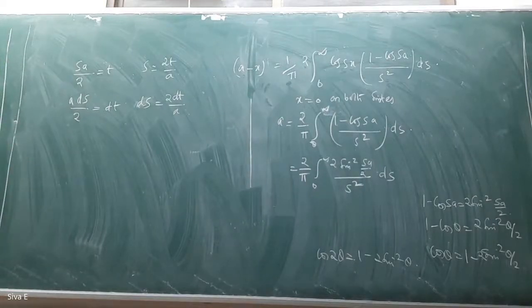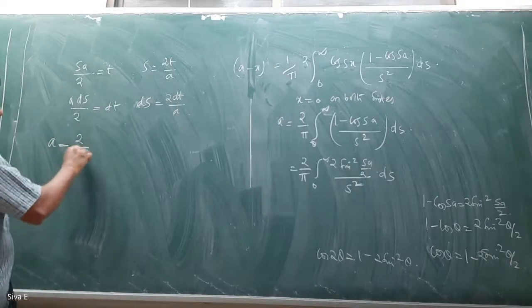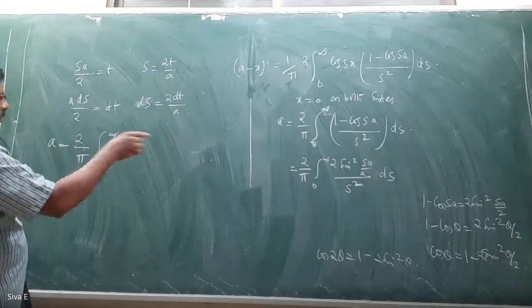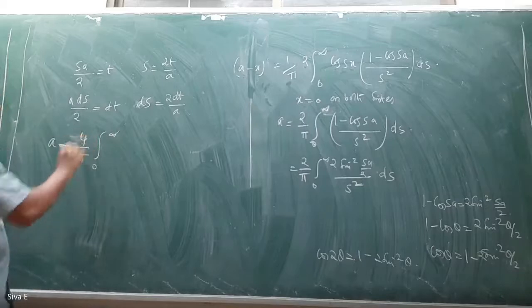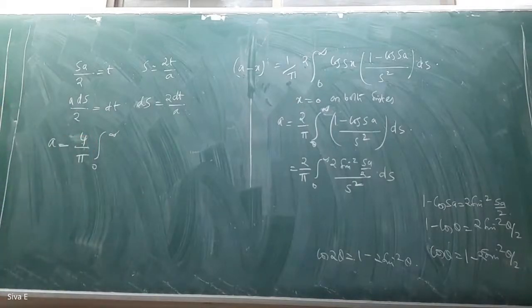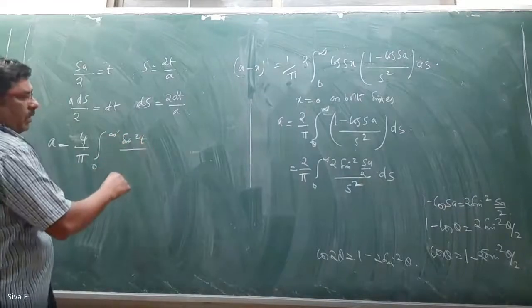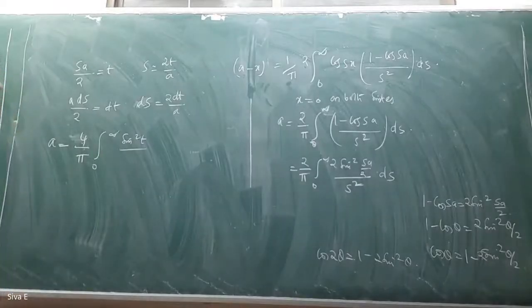Substitute all the values here. What do you get? A is there on the left hand side. The right hand side is 2 by pi integral 0 to infinity, inside one more 2 is there, so 4 by pi, 0 to infinity, sin square t by s square. What is s square there? S is 2t by a, so s square is 4t square by a square.